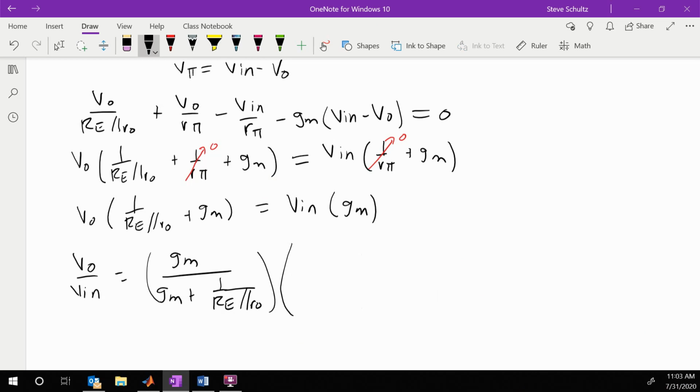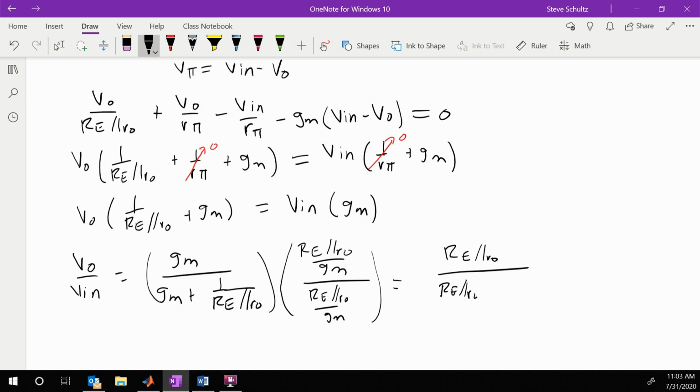So we're going to multiply the top by the RE and the bottom by the same thing, which is equal to RE in parallel with RO over 1 over GM plus RE in parallel with RO.